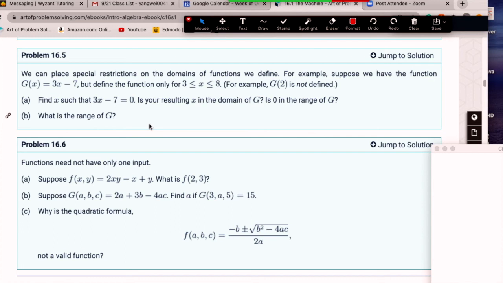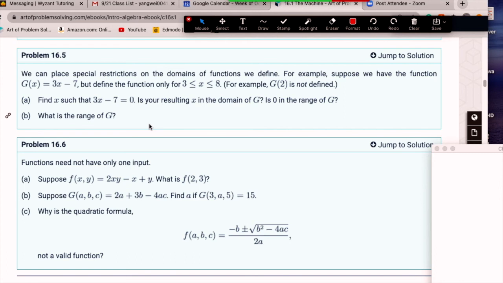Now, say this original one is a linear function, right? We already learned that for a linear function, domain and range are all real numbers. But here, they change this rule. They set a special restriction. We can place a special restriction on the domain of a function we define.